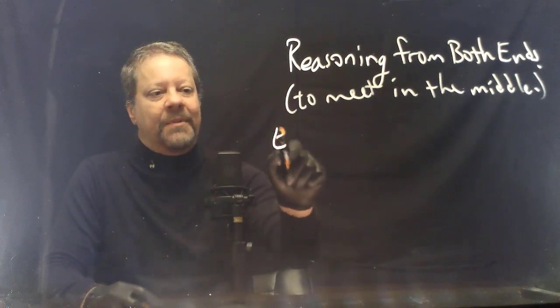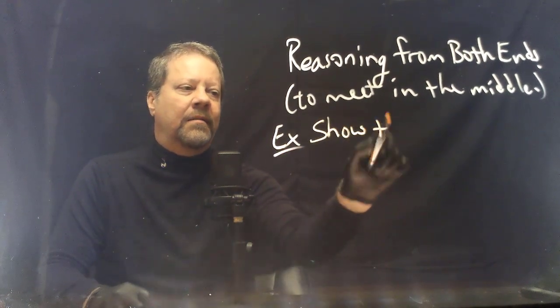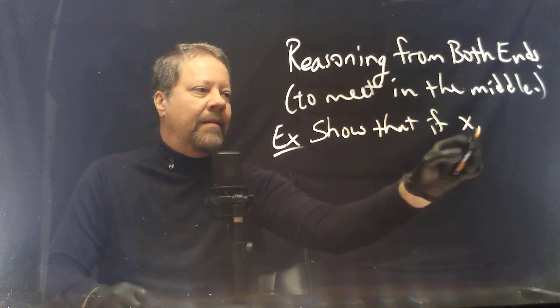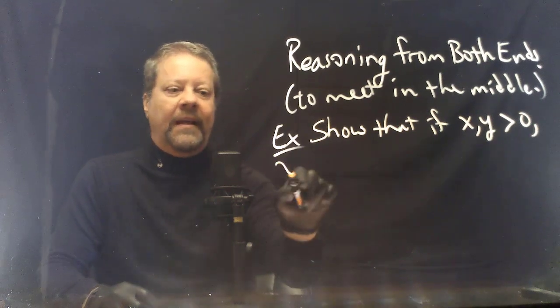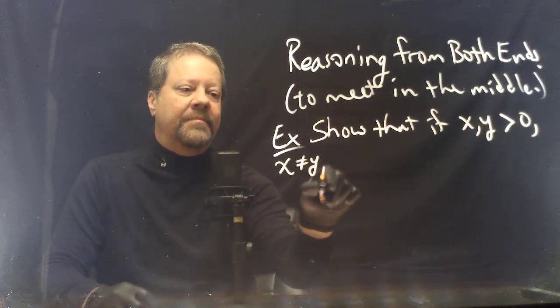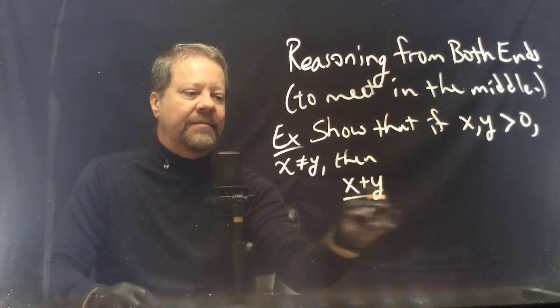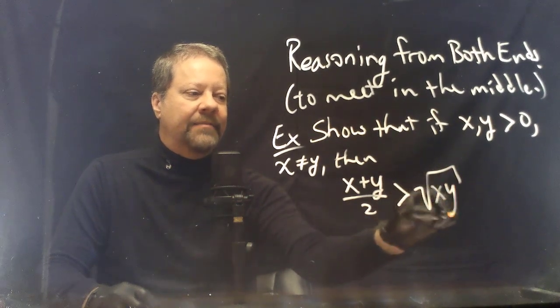So let's do an example. Show that if x and y are both positive and they're not the same, then the algebraic mean will be strictly greater than the geometric mean.